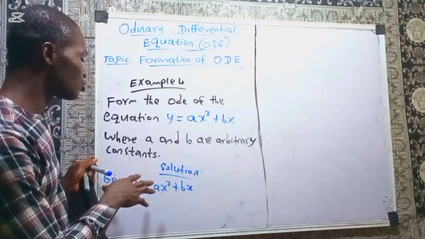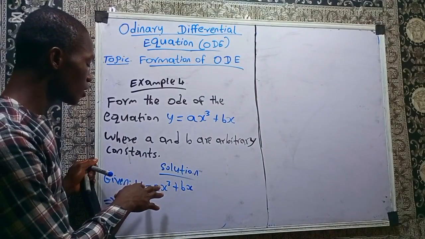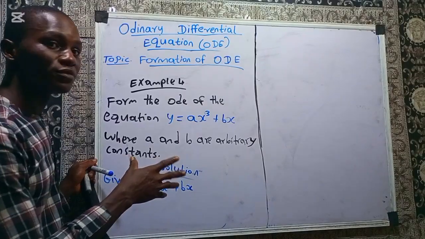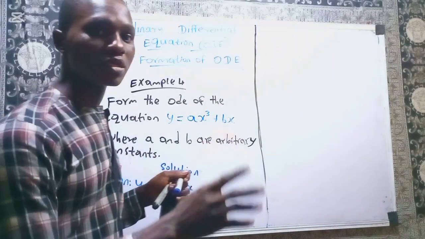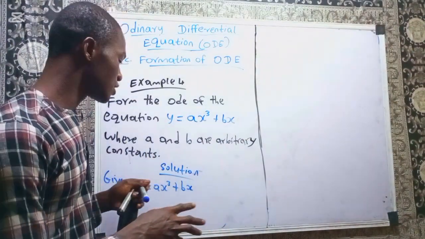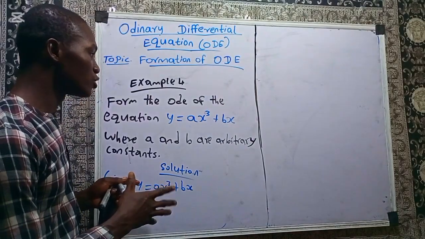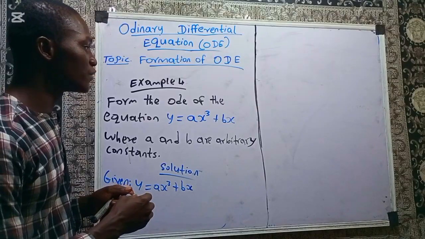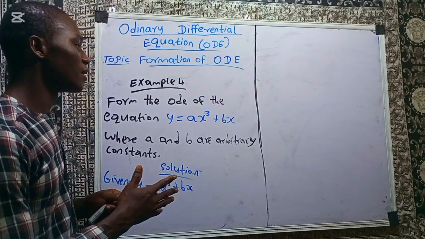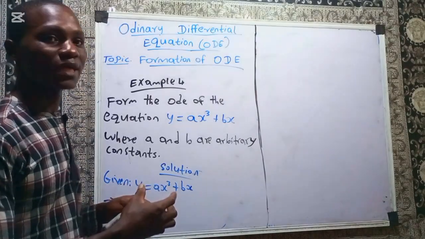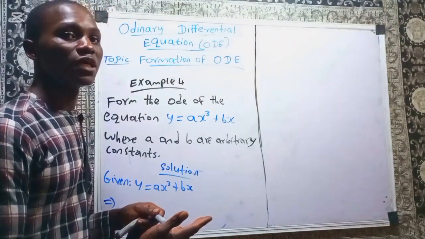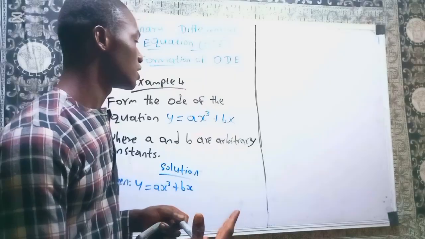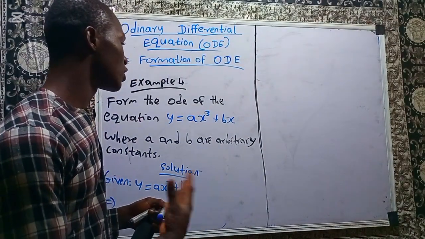Normally, if you want to form an ODE and you have a polynomial function, you try to eliminate some of the arbitrary constants. When you differentiate, you try to make one of the constants the subject of the formula, and when you differentiate again, you try to get the other one.